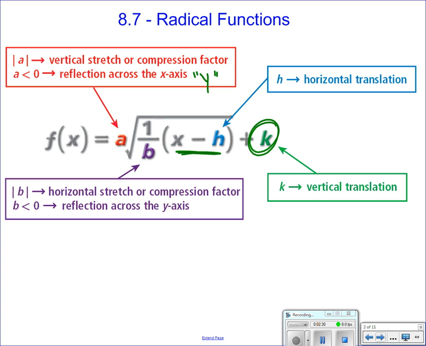Now, if it's less than 0, you reflect across the x-axis. Now, inside, remember to factor it out. We're going to do an example, but make sure that guy's factored out. That's going to be a horizontal stretch or compression, and if that b is less than 0 or negative, it's going to be a reflection across the y-axis.